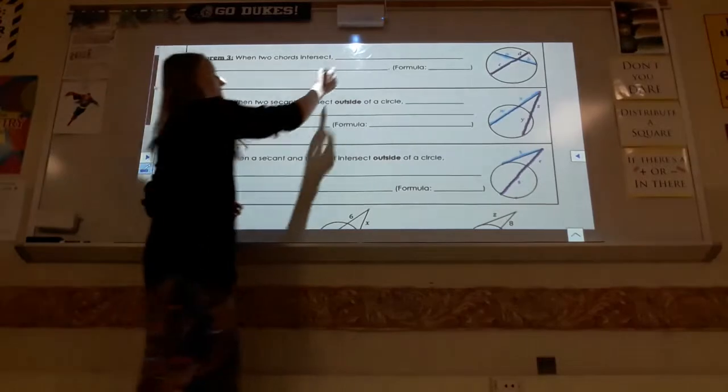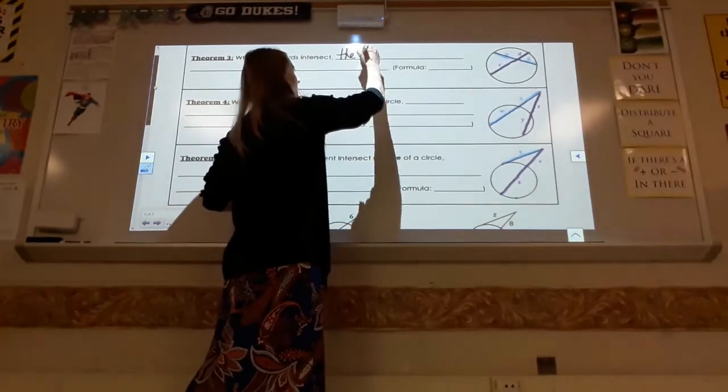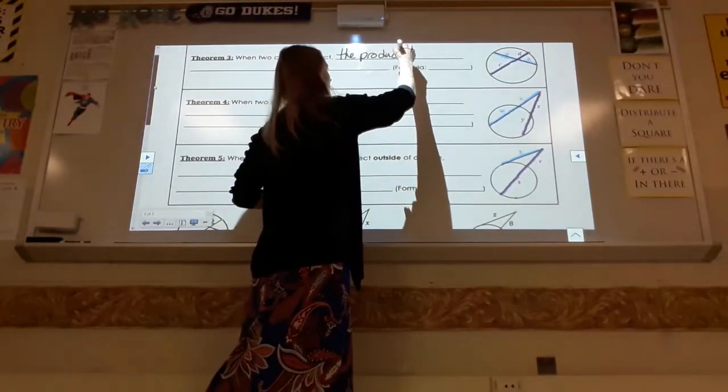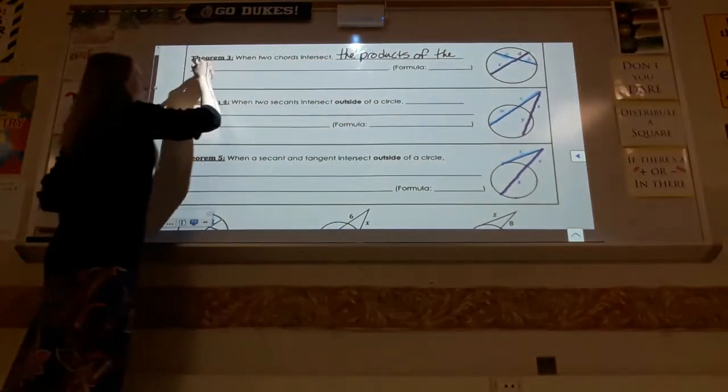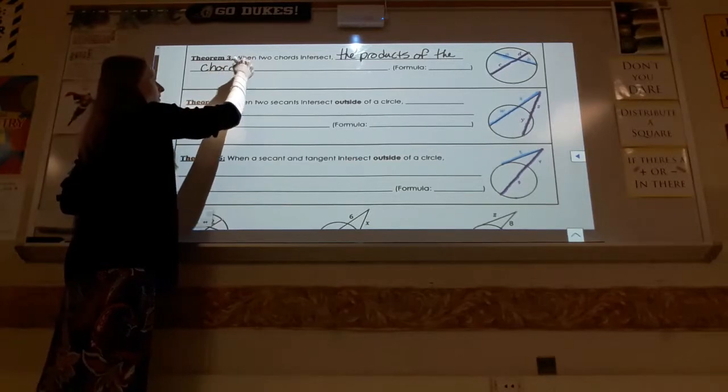So when 2 chords intersect, the products of the chord segments are congruent.